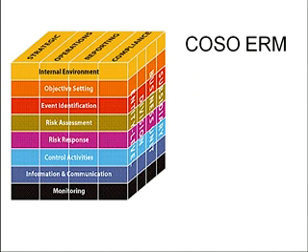And then down the front, we've got internal environment, where you can read those. And then at the side, we've got subsidiary, business unit, division, entity level. So it's a bit like an organisational structure. At the front, you've got entity level, so that's corporate. Then you've got division, which might be your business unit. Larger organisations might have division, then business unit, and then subsidiary. So it's cascading down through the organisation.